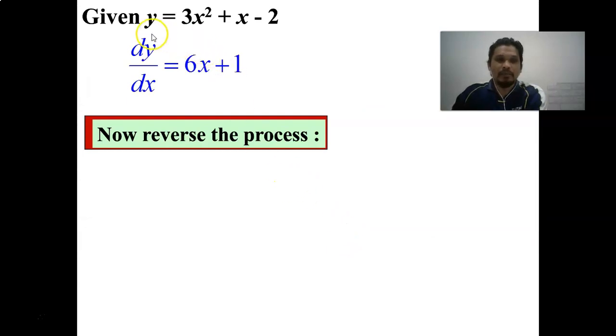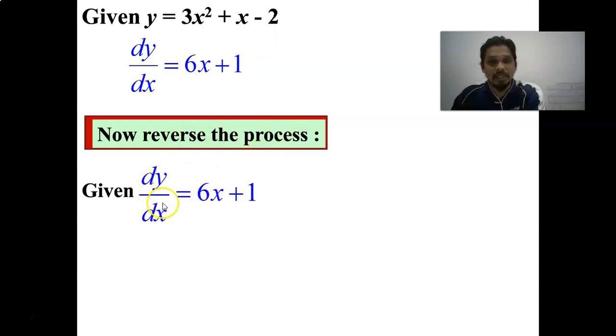Given the function y equal to 3x squared plus x minus 2, differentiate y with respect to x, and it gives you the derivative of 3x squared, which is 6x, plus 1, and the derivative of negative 2 equal to 0. Now reverse the process.